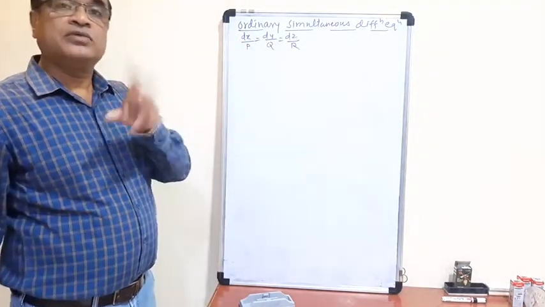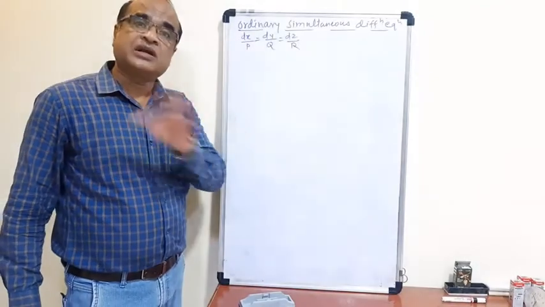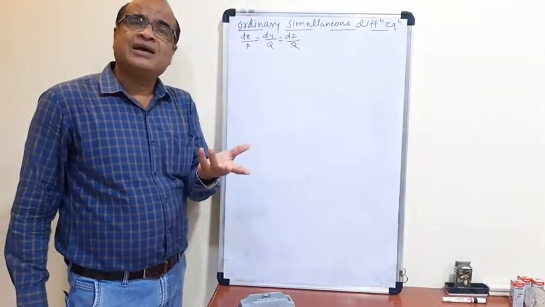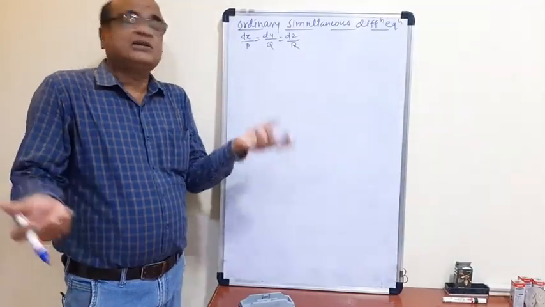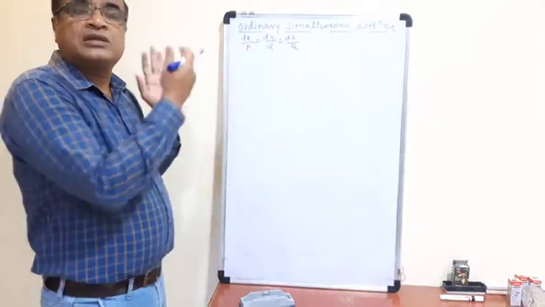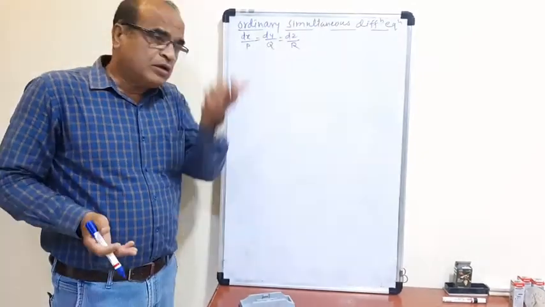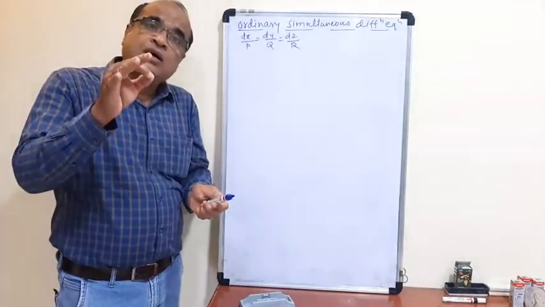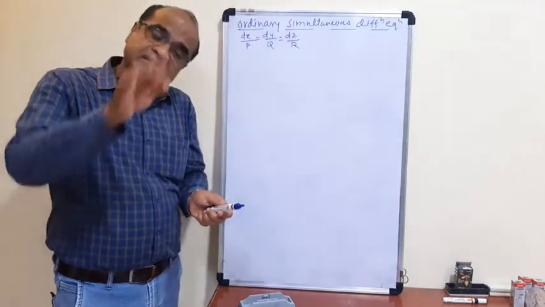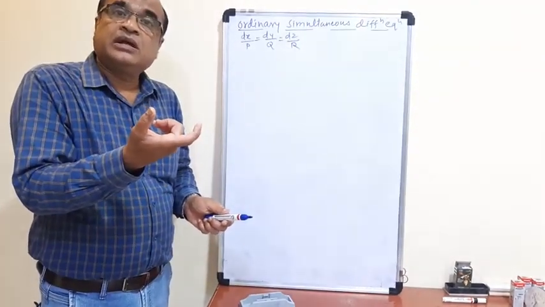So there are two cases, one is the general case and another is the particular case. In the general case, we take any two fractions of these equations, the first two, the second two, the first and third, and so on. Taking two fractions, one variable out of x, y, z is absent, and we solve the two fractions.